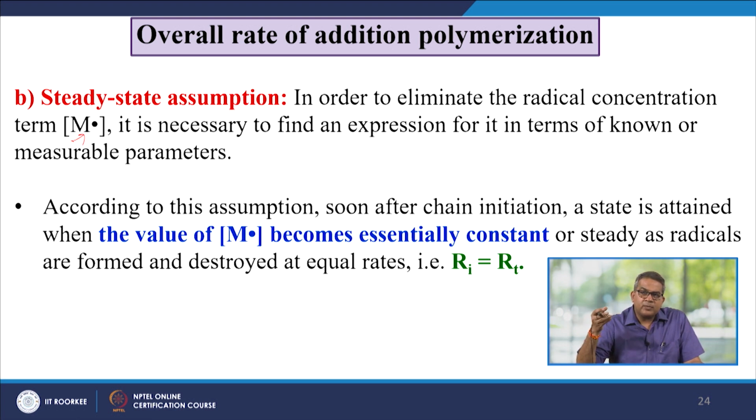As per this assumption, soon after the chain initiation, a state is attained where the value of [M·] becomes essentially constant or steady, as radicals are formed and destroyed at equal rates, that is Ri = Rt. So, on the basis of the steady state assumption, the concentration of [M·] can be expressed as [M·] = (f kd [I] / kt)^(1/2). This is equation 2.